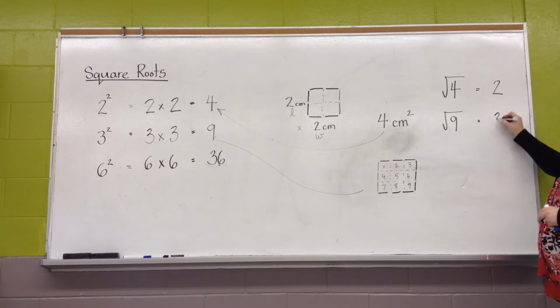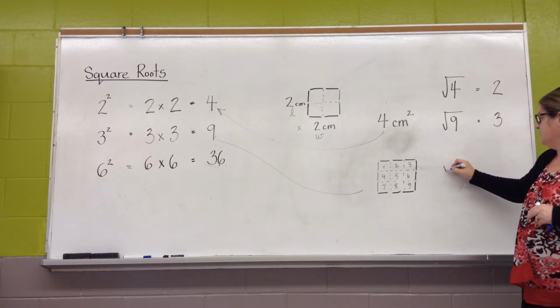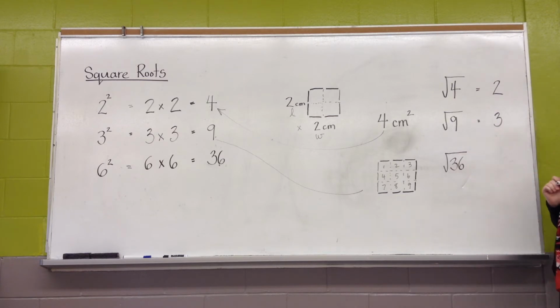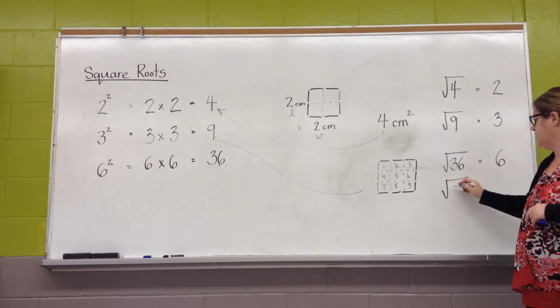The answer is 3. And similarly, what is the square root of 36? We would think, what are 2 numbers that are identical that multiply together and give us 36? And the answer in this case would be 6. And so we could continue with this pattern.